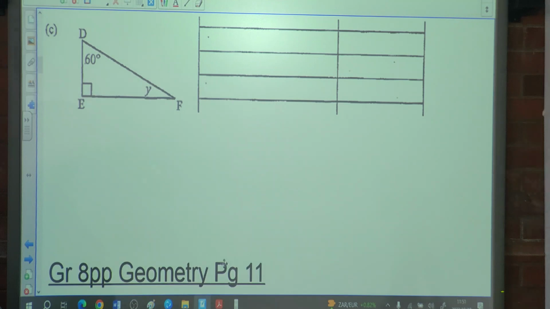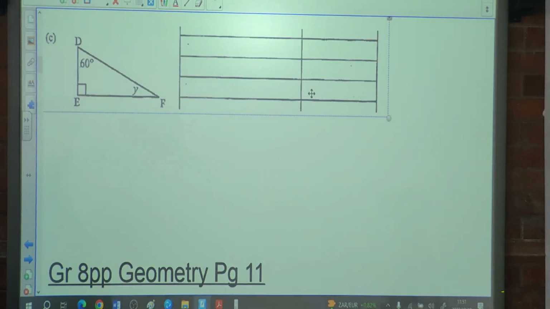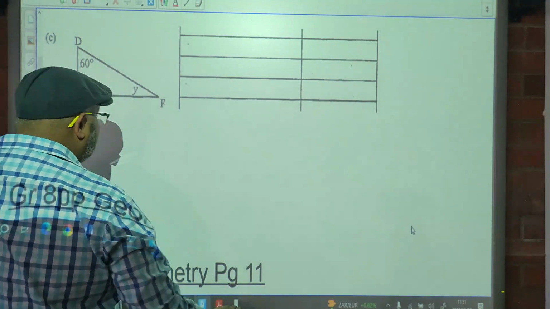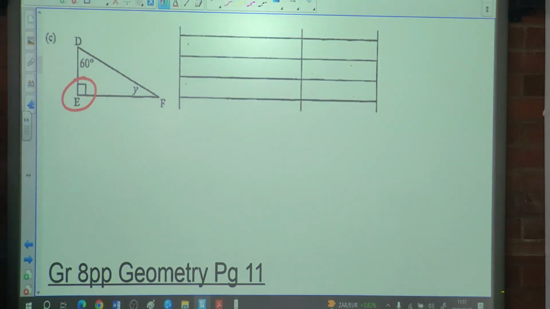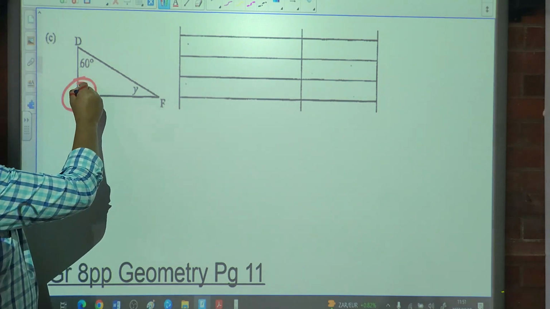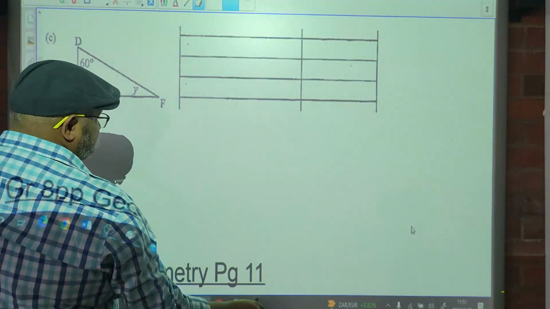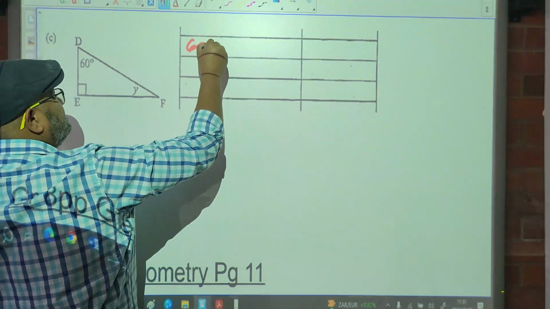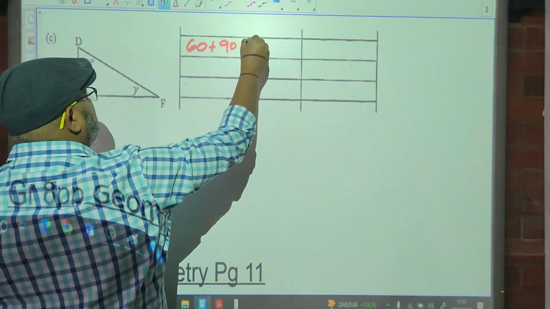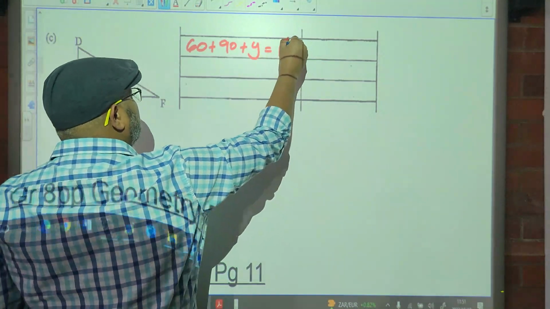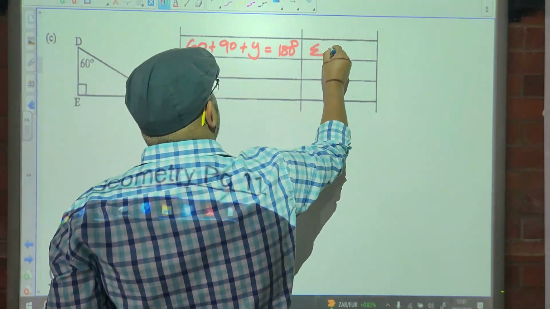C. So if you're looking at angle E, there's no degrees given there, but this symbolizes what? 90 degrees. Okay. So what do we say? 60 plus 90 plus y is equal to 180. Why?